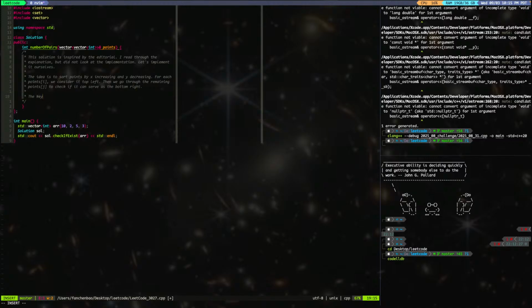The key observation is that once we find a point j that is valid, its y serves as the lower bound for any future valid points j.